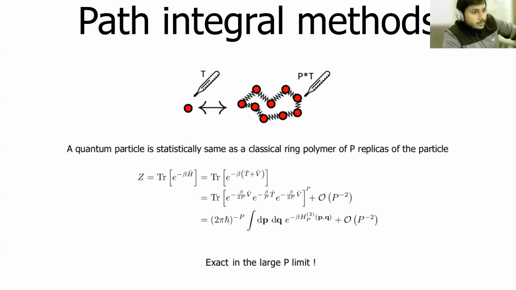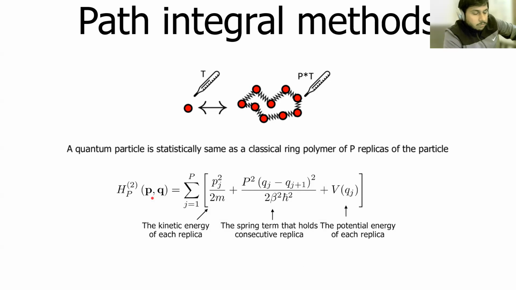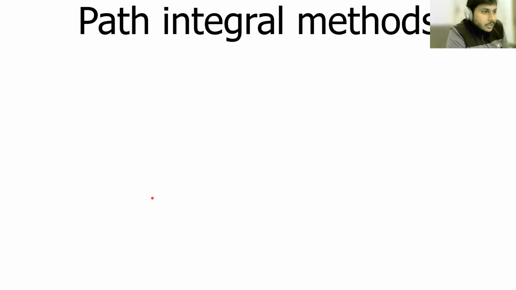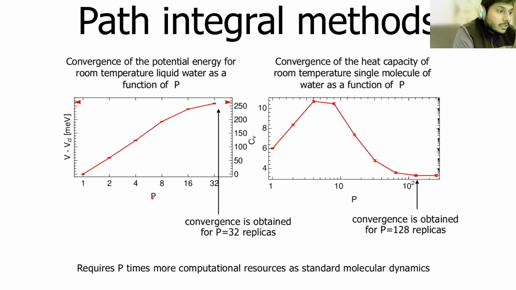Okay, so let's move on. Realistically, for each system, you have to converge the number of replicas. For example, here I'm showing the difference between the classical and quantum potential energy for room temperature liquid water, where I've performed a simulation at a particular level of theory.